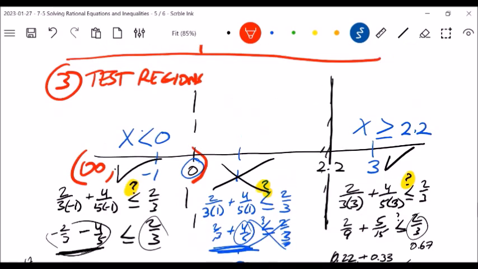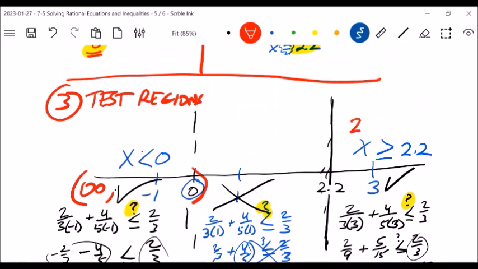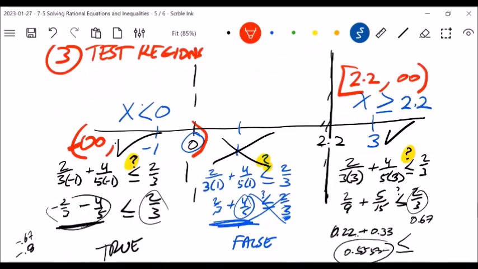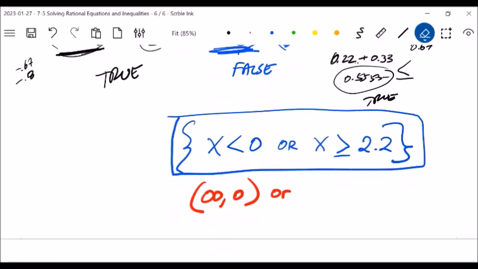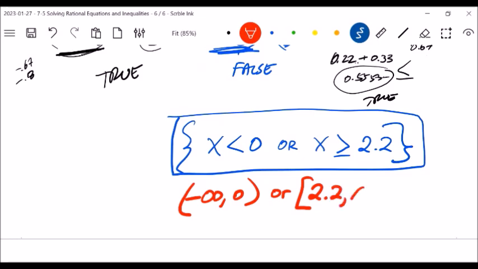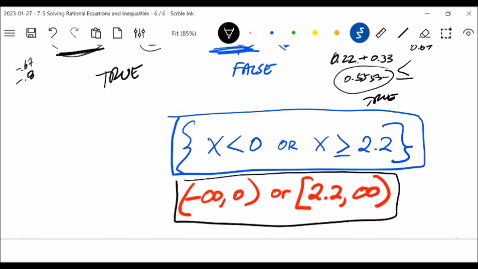Or the other one here is going to be from 2.2, and we're including 2.2, and we're going all the way to positive infinity. Oh, I just realized I forgot to make this other one negative infinity. Let me come back down here and fix that, because it's negative infinity. And on this side, it was 2.2. We're including the 2.2, so we have to do the bracket and not the parentheses, going to positive infinity. That now is the best answer for interval notation.